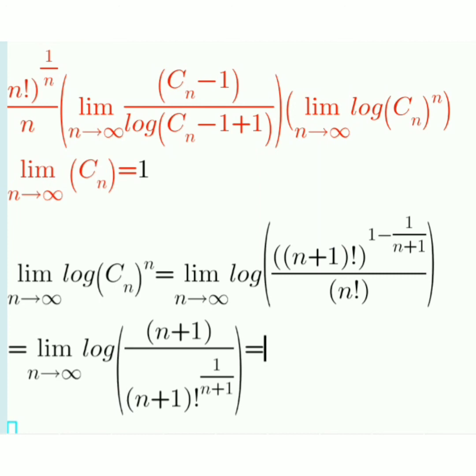So friends, whatever we will get, limit n tends to infinity, log.